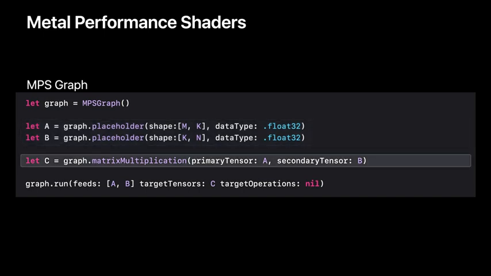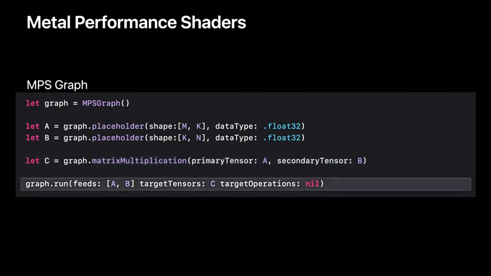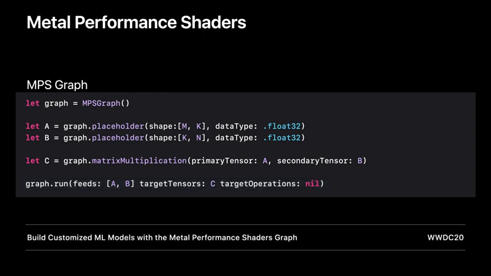Then we construct a new result node from our inputs using a matrix multiplication operation. Finally, we execute the graph. For more details on how to use MPS kernels and graph operations, please refer to previously available WWDC presentations. As mentioned before, MPS will automatically take advantage of A14 for these operations.